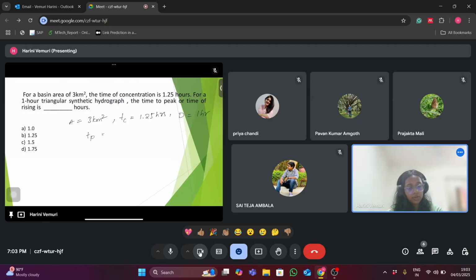So TP is equal to, as you might have remembered, D by 2 plus 0.6 times the TC value. So that is 1 by 2 plus 0.6 into TC, which is 1.25. So when I do the calculation, the answer is 1.25 hours.